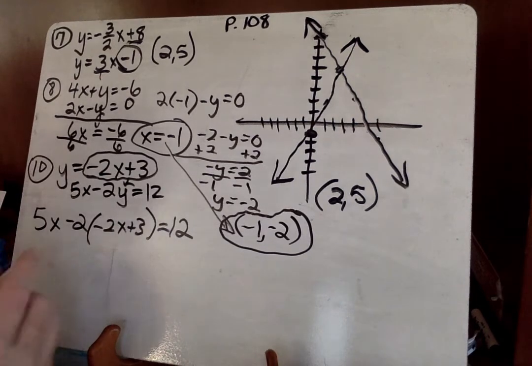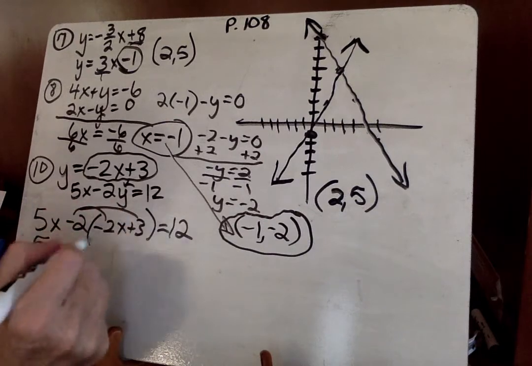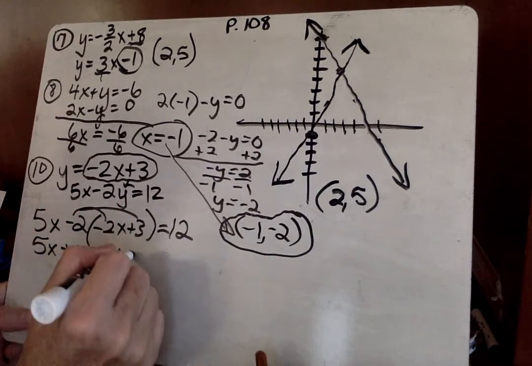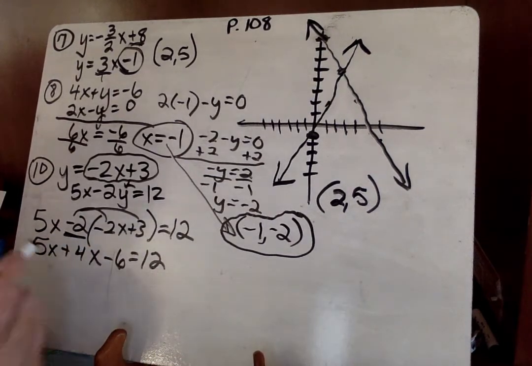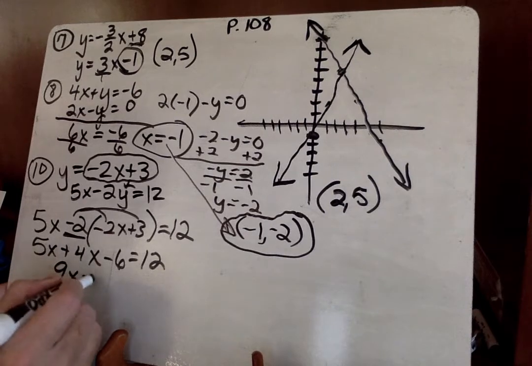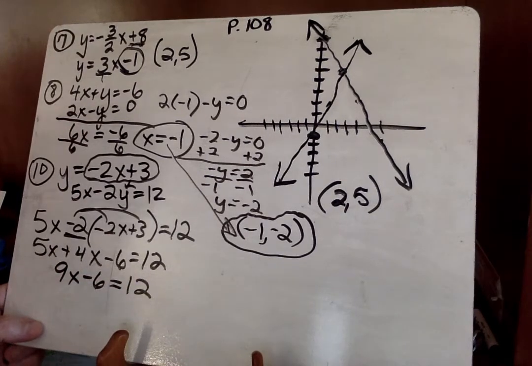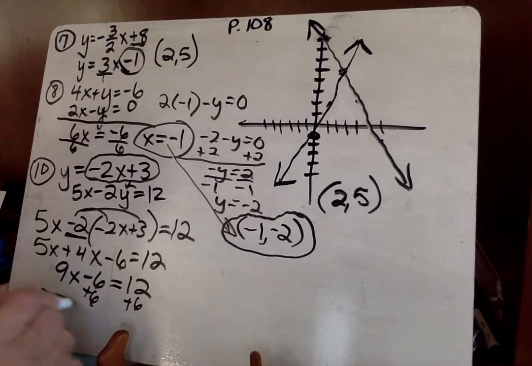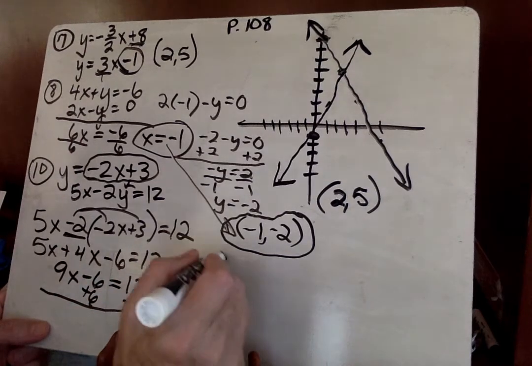And I'm going to solve for x now. Negative 2 times negative 2. Don't forget, it's going to be a negative 2 that's multiplied. Okay. So I'm going to continue over here.